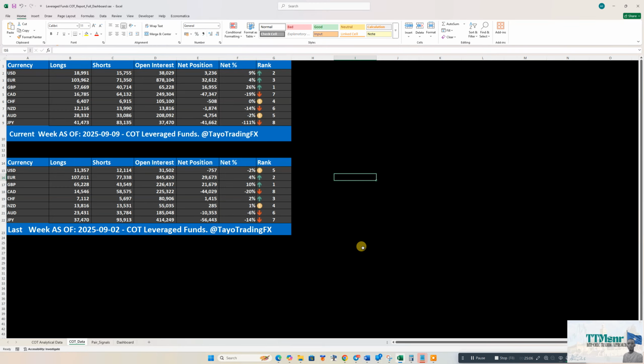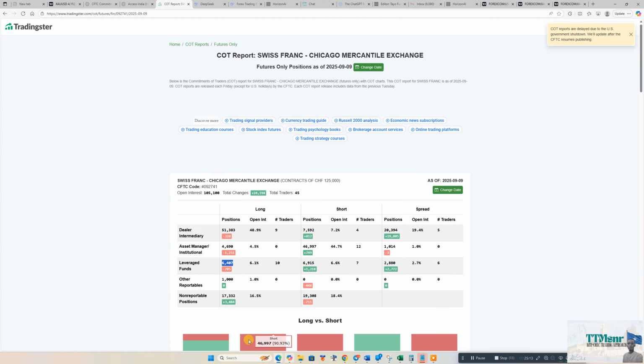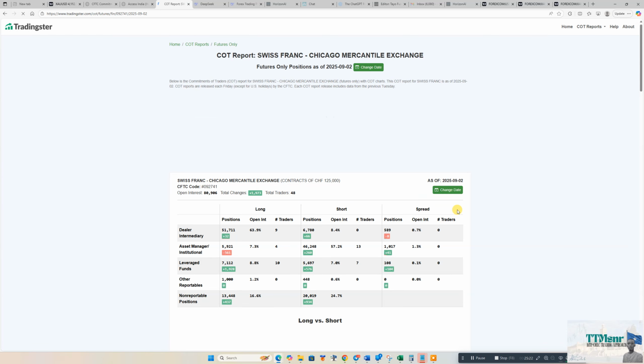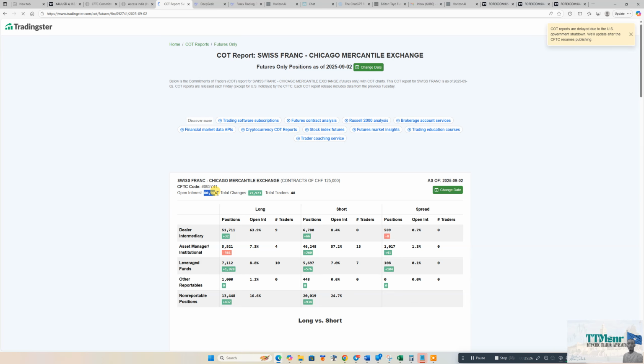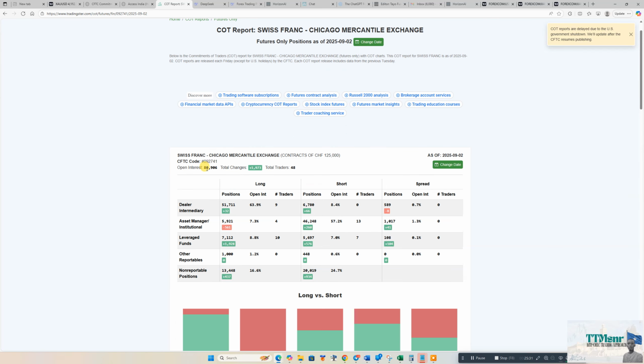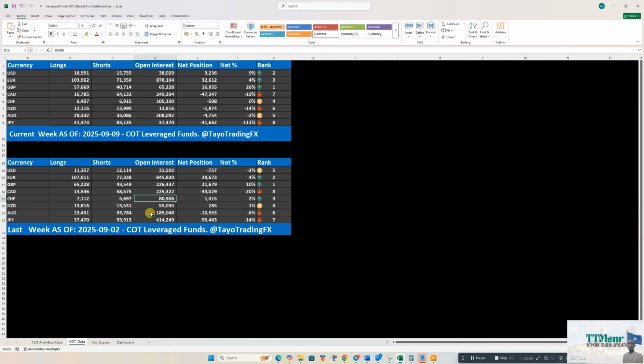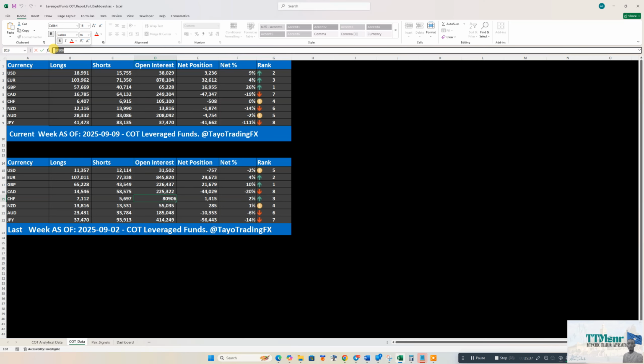It is the same. What I want to know is CHF here, and then go to week of 2, interest. If you see something wrong, you can recorrect it. It is okay.